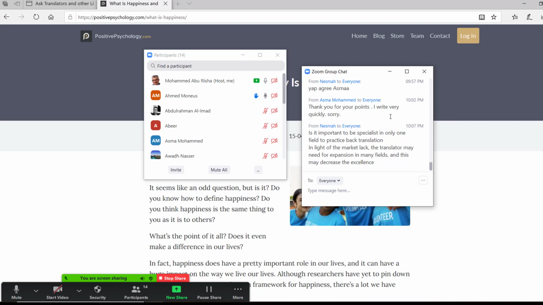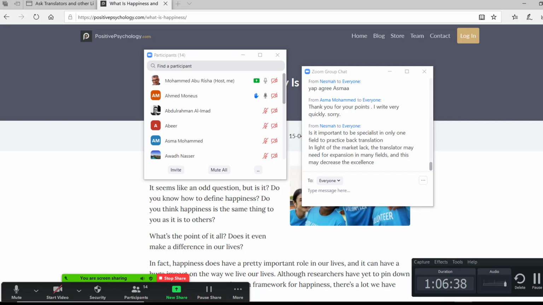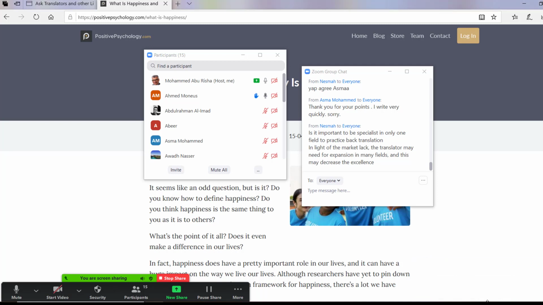In translation, especially for translation students and novice translators, we noticed that a lot of translators and novice students face a real problem in translation. So back translation will facilitate the way of learning and teaching for students.